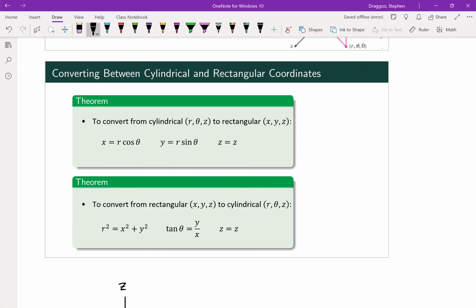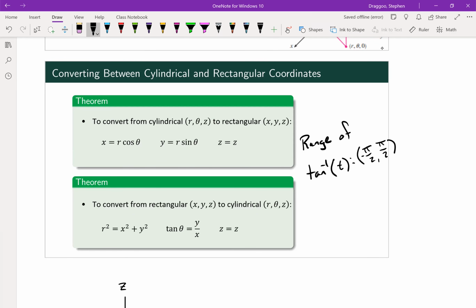One quick note is to be careful with the tangent inverse function. For example, the range of tangent inverse of, let's just put t in there, the range of tangent inverse of t is always going to be negative pi over 2 to positive pi over 2, non-inclusively, because tangent of pi over 2 and tangent of negative pi over 2 are both undefined.